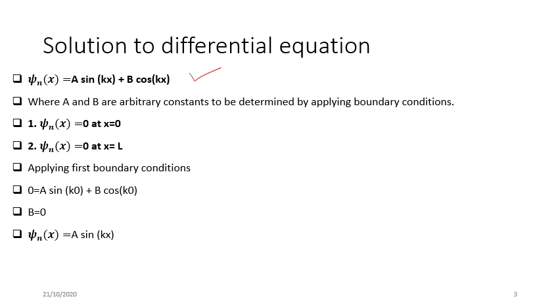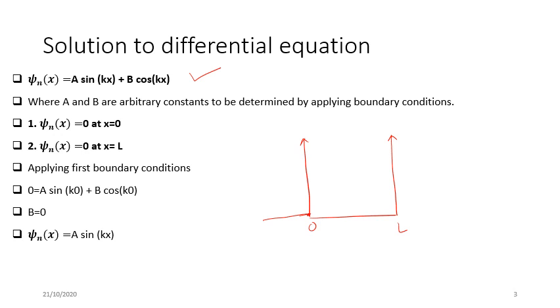Here we have a first boundary condition, which is psi of x equal to 0 at x equal to 0. This is our potential well from 0 to L on the x axis, and at this point, as the wave function should be continuous, the value of psi of x is 0.